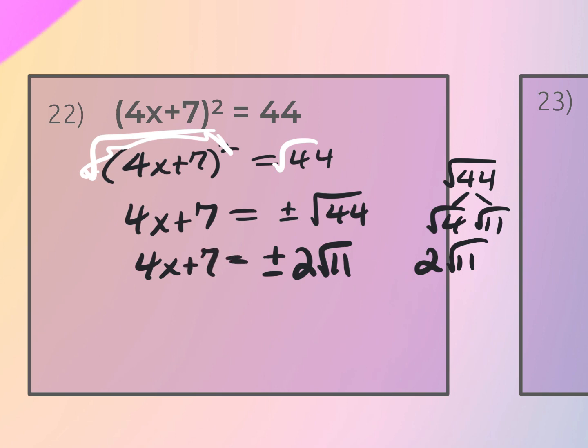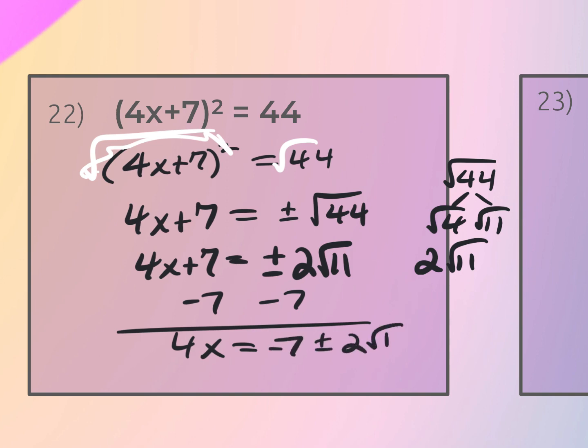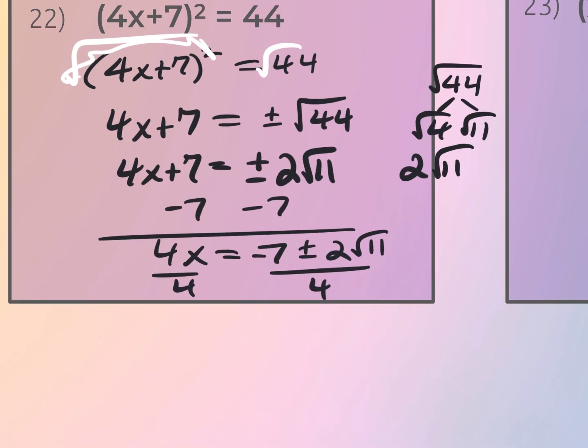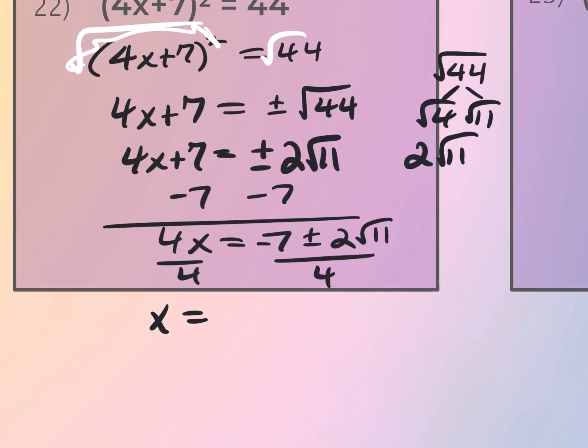So then now I can work on isolating x by subtracting 7 first. And then divide by 4. So x is equal to -7 plus and minus 2 square root of 11 over 4.